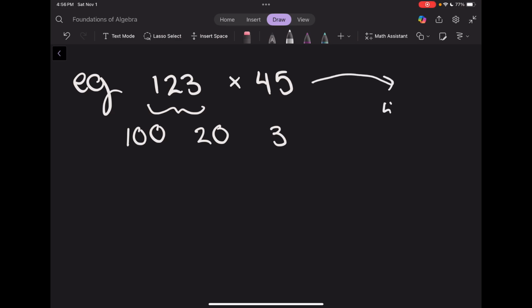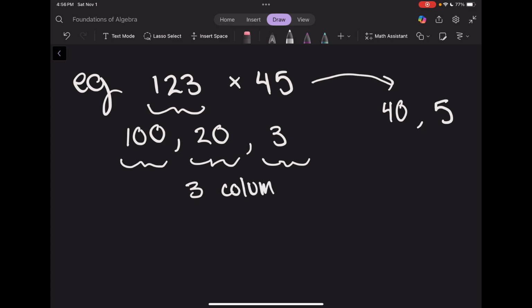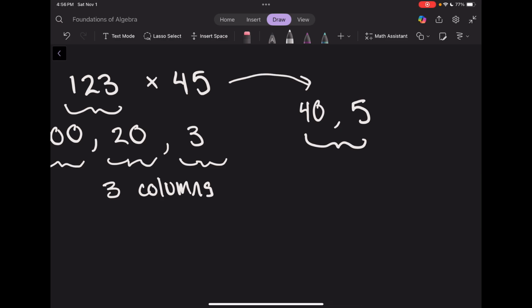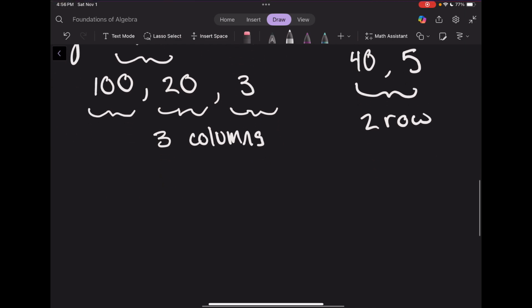This one is going to be 40 and 5. And the number of chunks that you get, you have 3 spaces. So this is going to tell me that I'm going to have 3 columns. And because I have 2 separate things, this is going to tell me how many rows I'm going to have. So I'm going to have 2 rows.